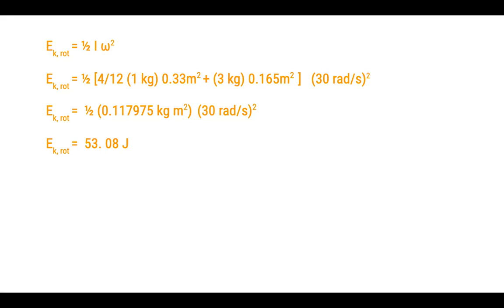So for part B, we have EK rotational is 1/2 I times omega squared. So you plug in our expression for I total. So 4 times 1/12, we get 4/12, times 1 kilogram times 0.33 meters squared, plus the mass of the hoop, which is 2 kilograms, times the radius squared, 0.165 meters squared.